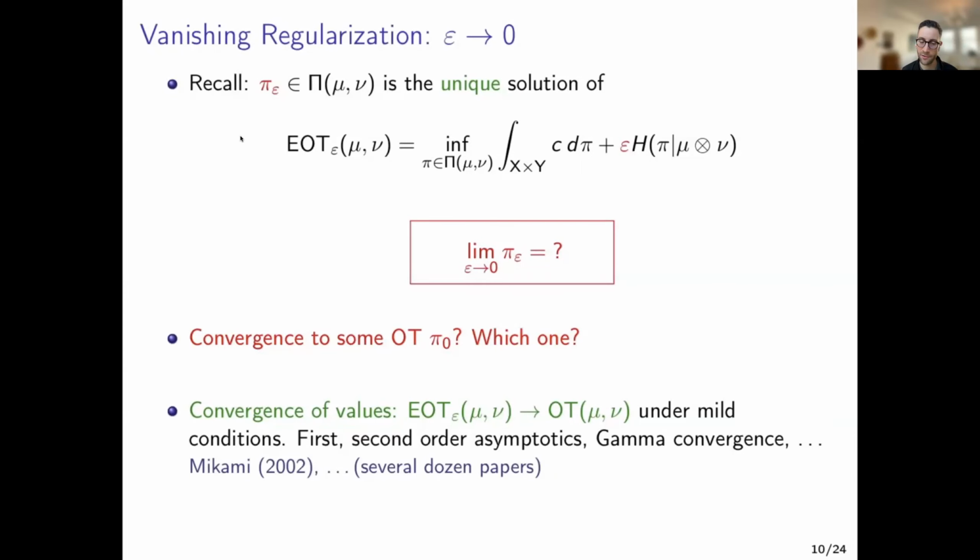The rate will be different for discrete and continuous problems, depending on the regularity of the cost function. There are higher order asymptotics and so on and so forth. I just listed one paper, which is probably the first one in the more mathematical literature, at least. So these are two questions. They're obviously a bit related, but they're also somewhat different. This is well studied. The question of the couplings themselves, not very much has been said about that.